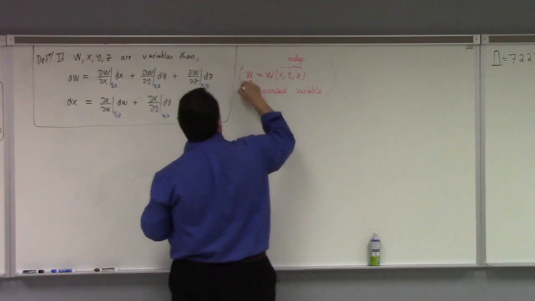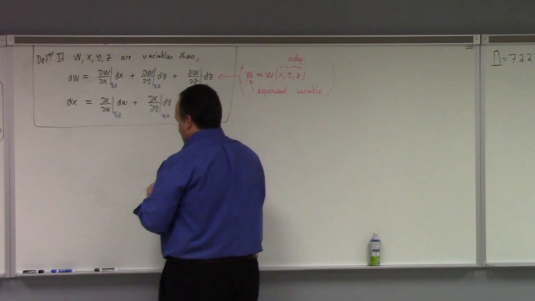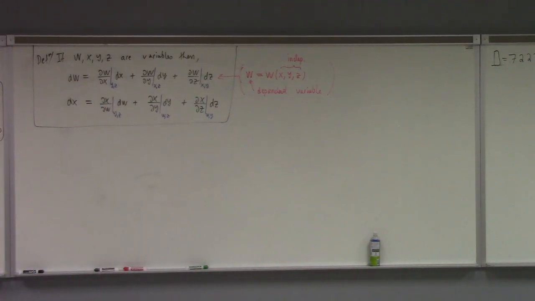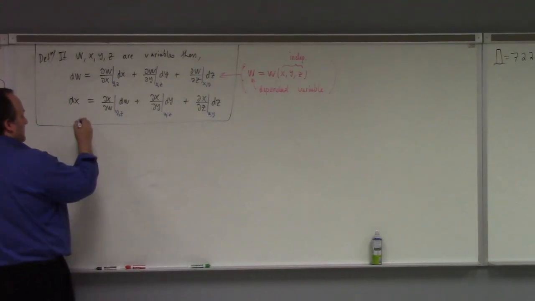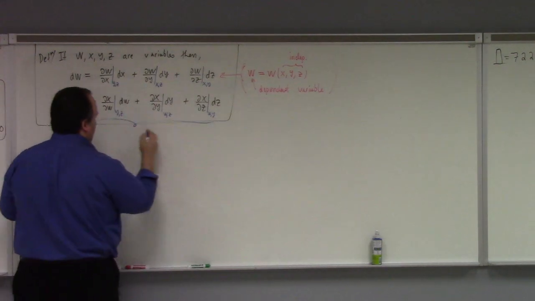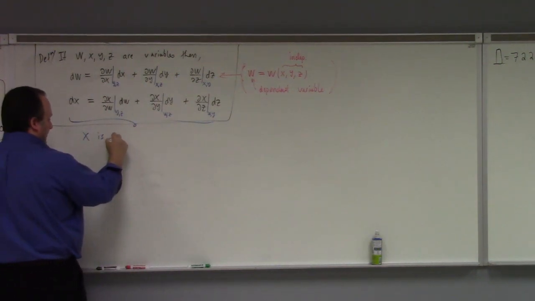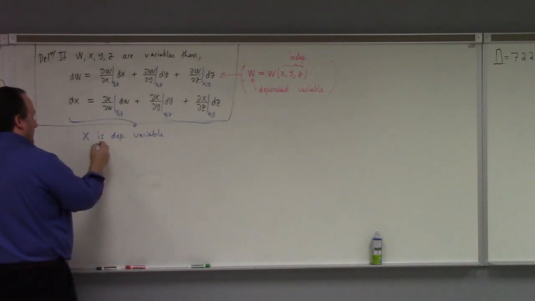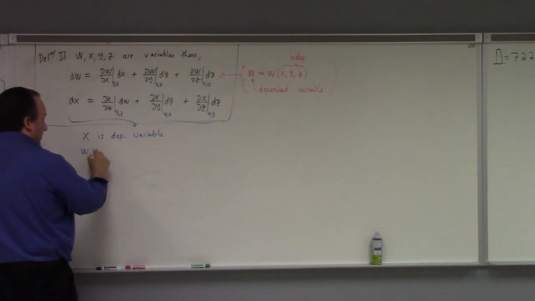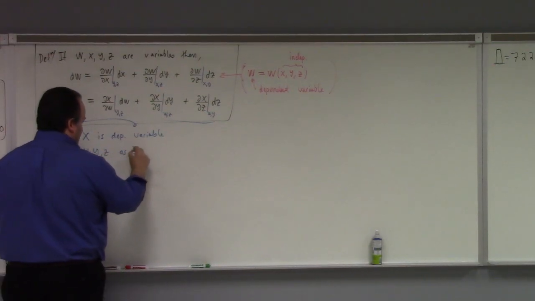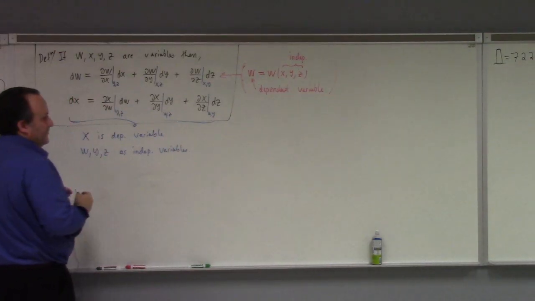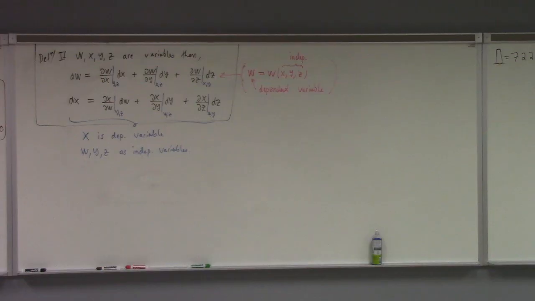That's the story for this one. The story for the second equation is what? So you guys tell me, what's the story here? x is the dependent variable. And here we're using w, y, and z as the independent variables. All right.